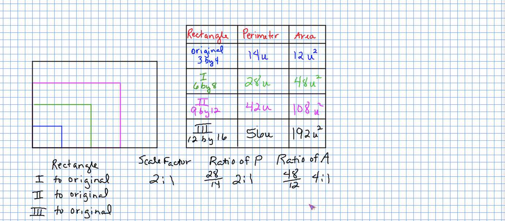Next, I'm going to look at 2 to the original. Scale factor first. That's 9 to 3, so that'll be 3 to 1. The ratio of the perimeters, 2 to the original, that's 42 to 14.